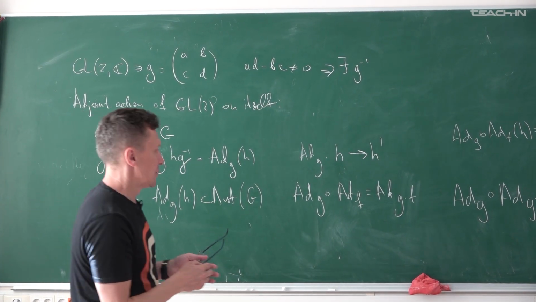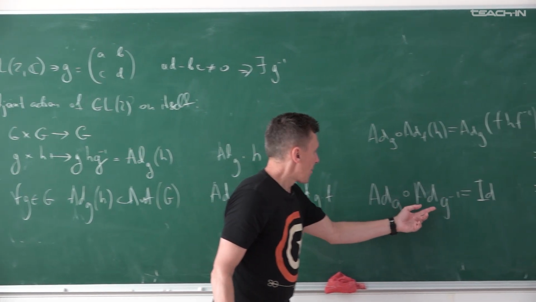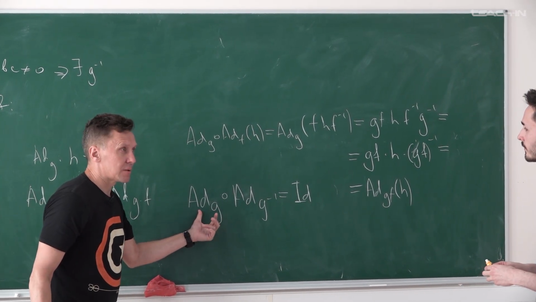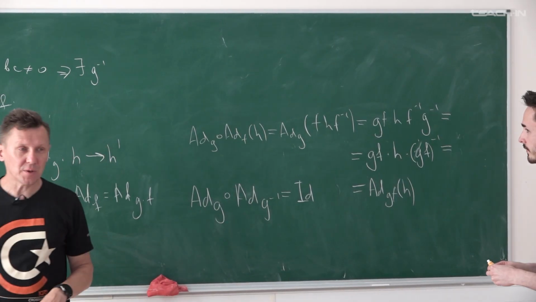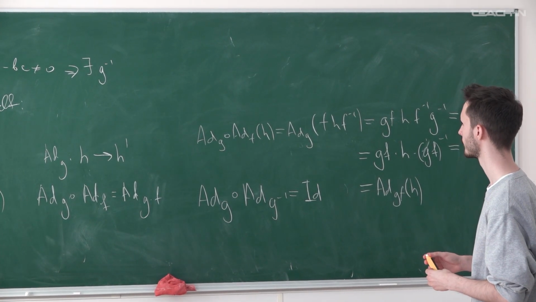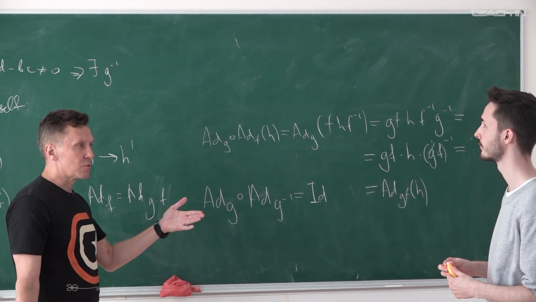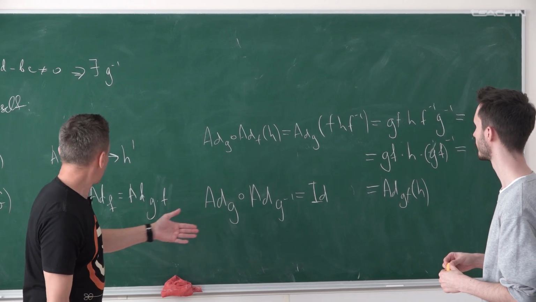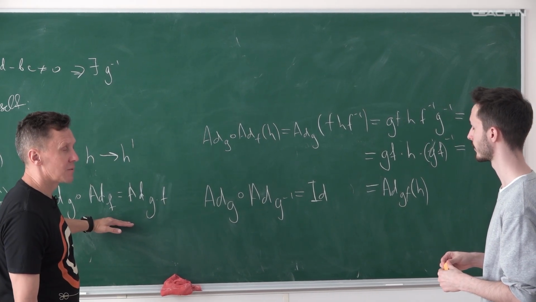That's why this automorphism is inverse to this one. And we demonstrated that it is also a homomorphism from the group to the group of automorphisms. This is the demonstration.